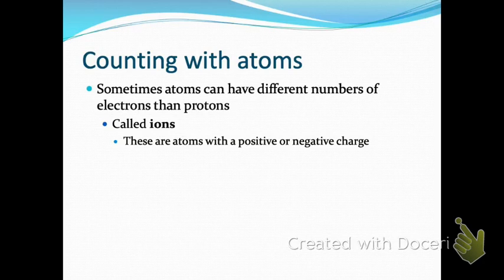I showed it a couple times here, but charged atoms or ions, they're just written like this. They're written O -2 or Ca +2, right? The charge is just written up in the top right. That's what it looks like. Okay?